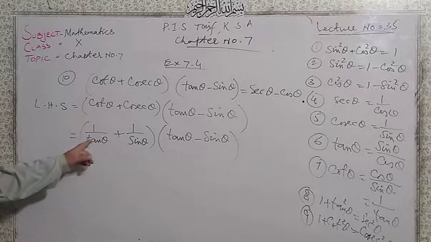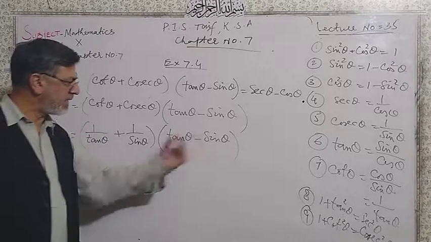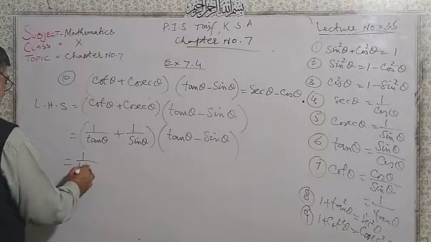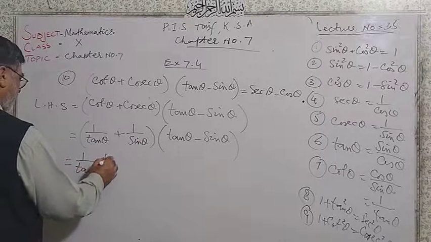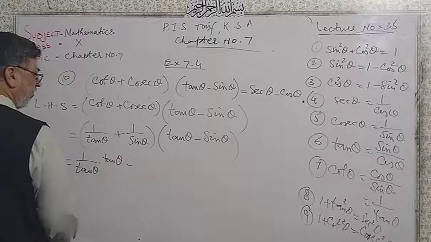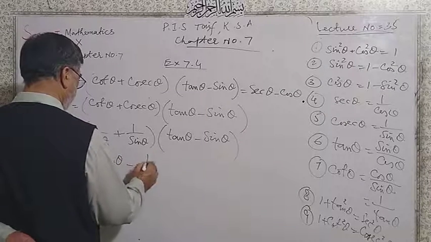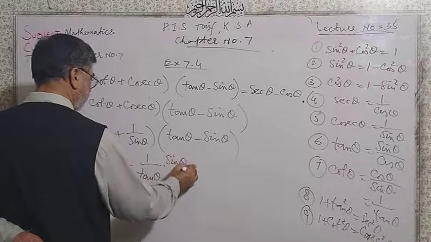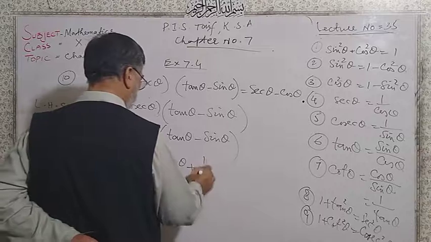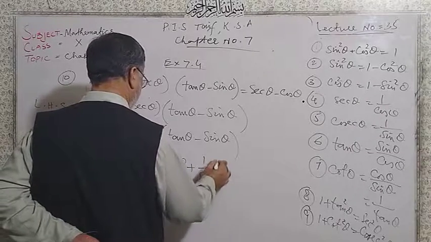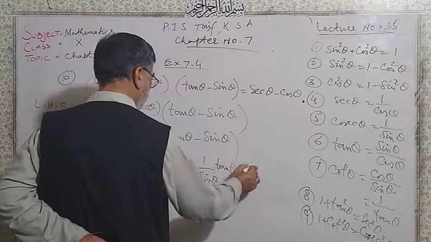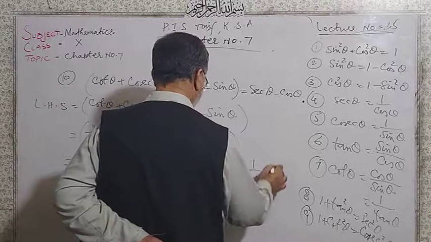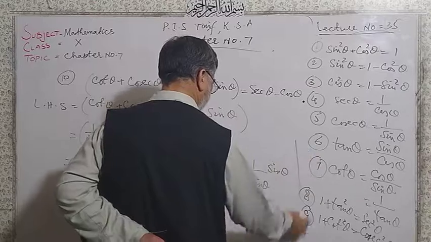Now remember that taking this 1 by 1 and multiply with the second bracket. This is first into first, multiply that. 1 over tangent theta into tangent theta, minus 1 over tangent theta into sine theta, plus 1 over sine theta into tangent theta, minus 1 over sine theta into sine theta.